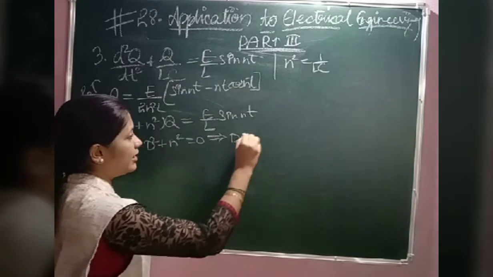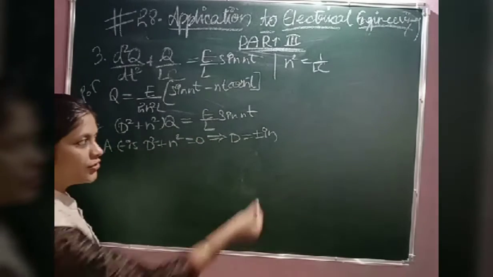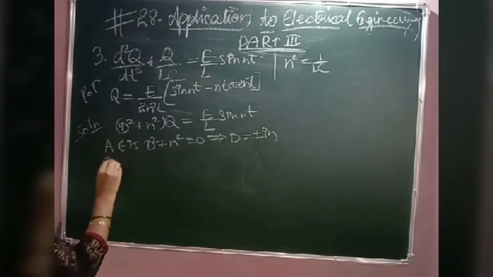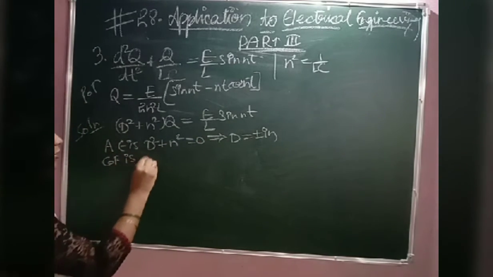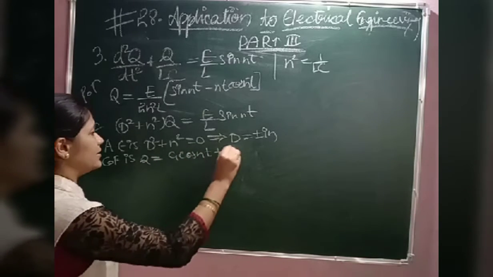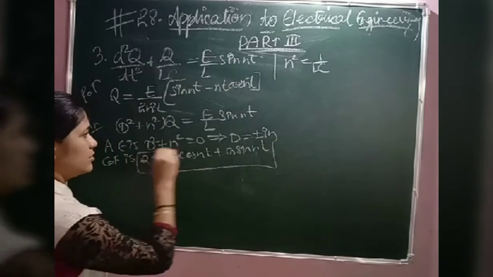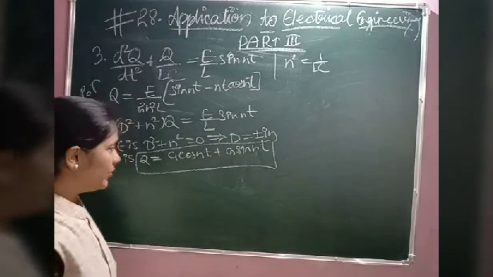This implies D equal to plus or minus iN. The complementary function is Q equal to C1 cos Nt plus C2 sin Nt.